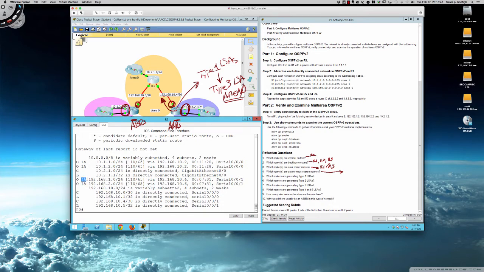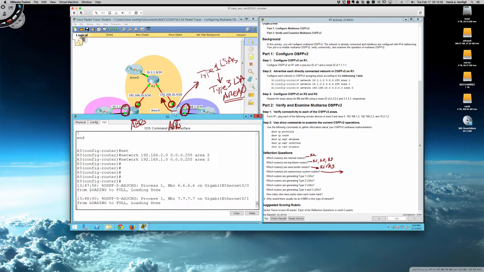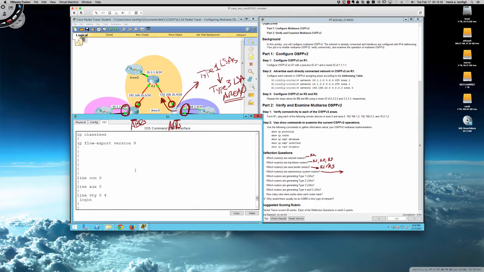Now, there's a key distinction to be made here between intra-area and inter-area. Remember, the intra-area routes will simply be an O, the letter O by themselves, without the IA. And we saw that on router 3.